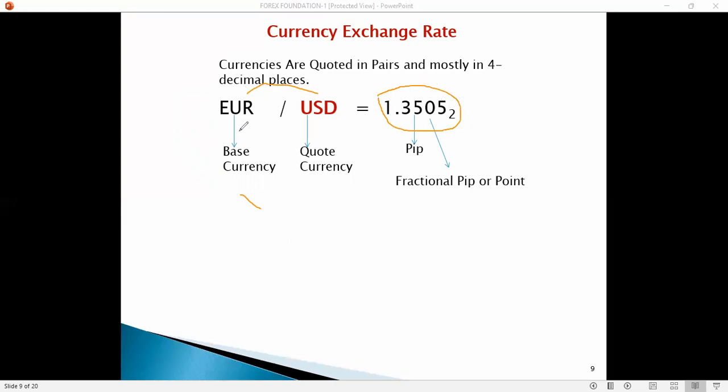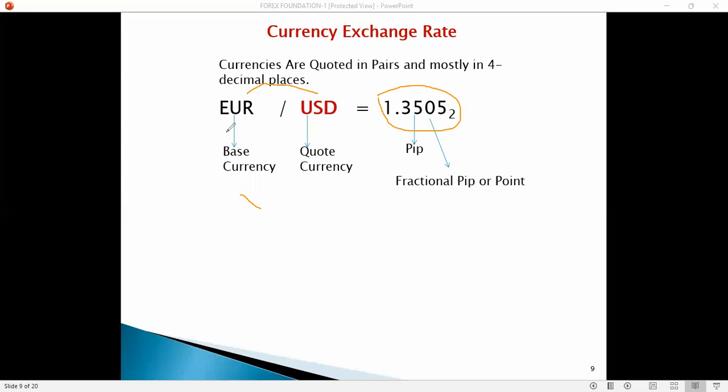Now, you have 1 euro with you, and I want to collect that euro from you. It means I am going to give you $1.3505, which means $1.35 and above. I hope this is getting clearer to those of you who are new.